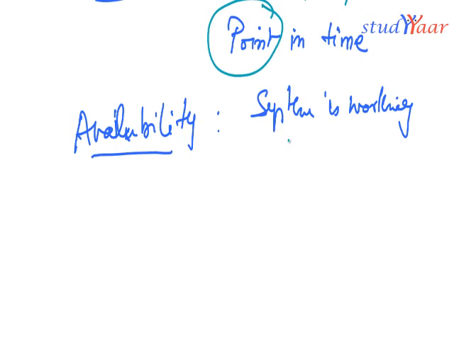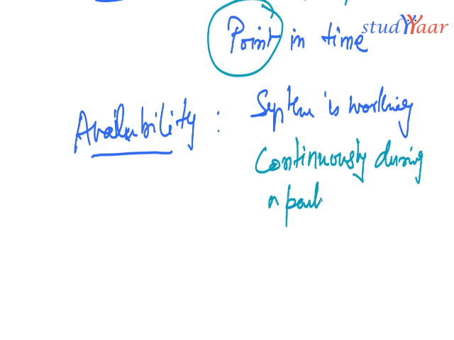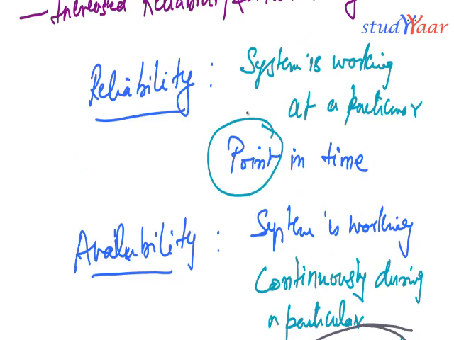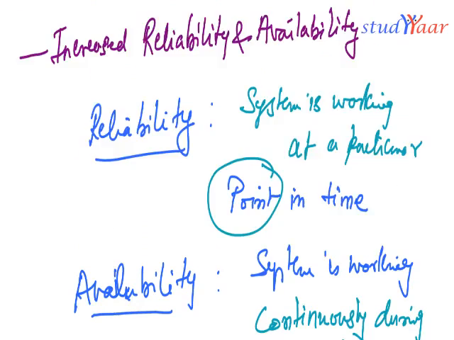Okay, so system is working continuously during a particular time interval. So the keyword over here is that I am talking about the time interval in availability, while I am talking about just a point in reliability.